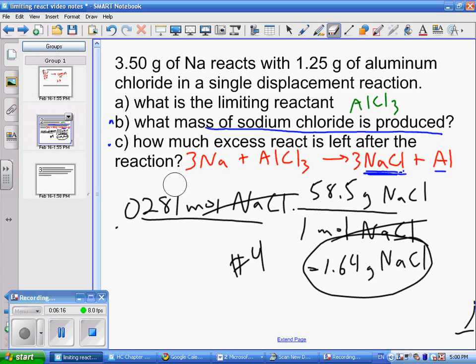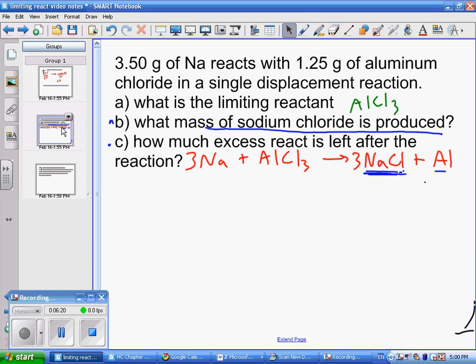Letter C. Okay. In letter C, it says how much excess reactant is left after the reaction, okay? So again, I have my limiting reactant, we know is AlCl3. 1.25 grams of AlCl3 again is the limiting reactant.